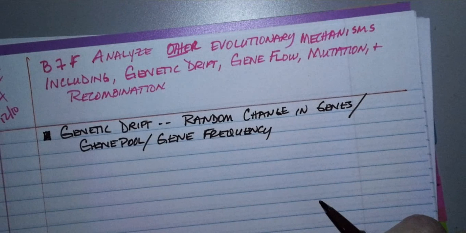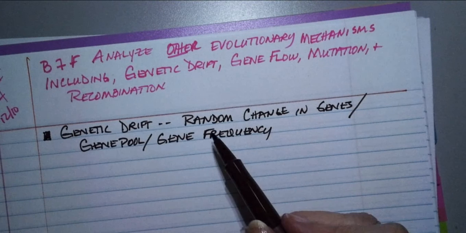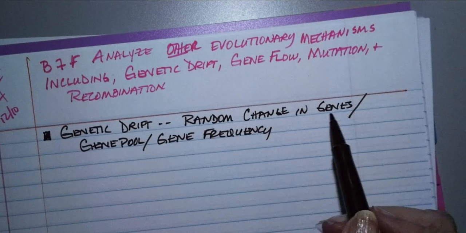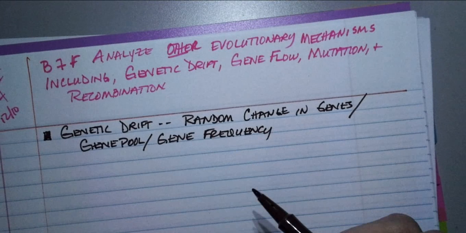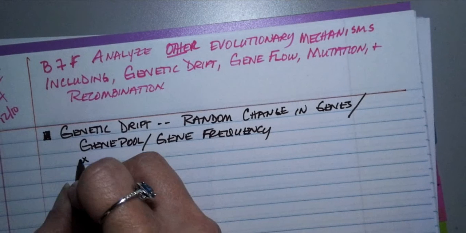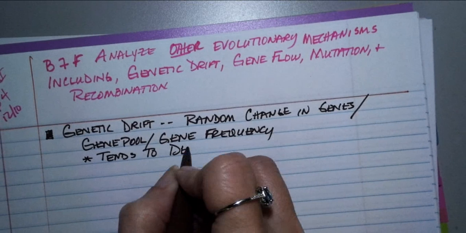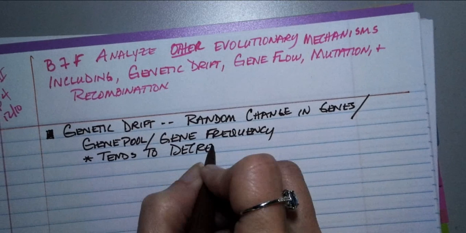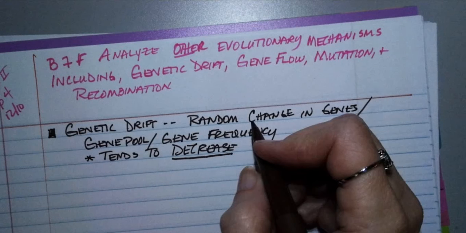So this random change in genes, the gene pool, the gene frequency, it tends to decrease a species' genetic diversity. This is a big one. You need to know this. So genetic drift tends to decrease a species' genetic diversity.